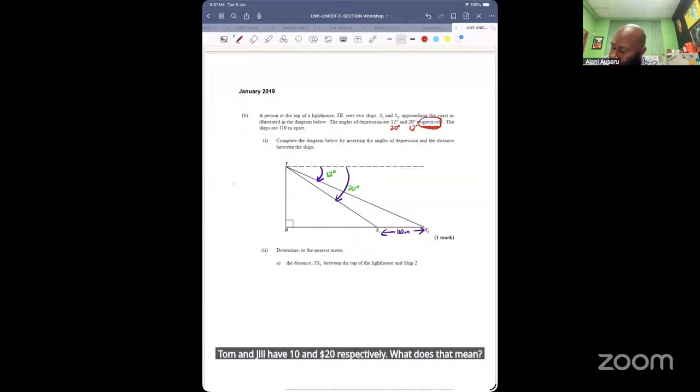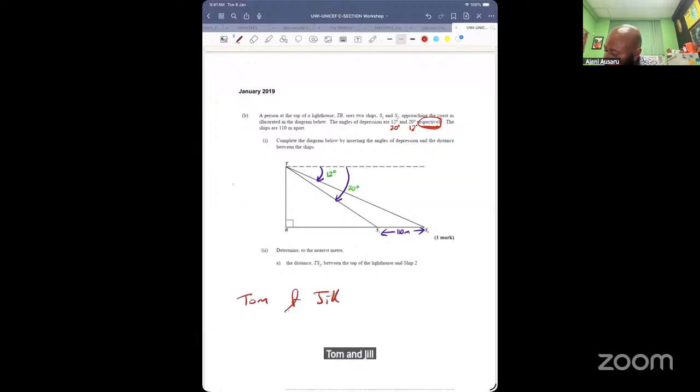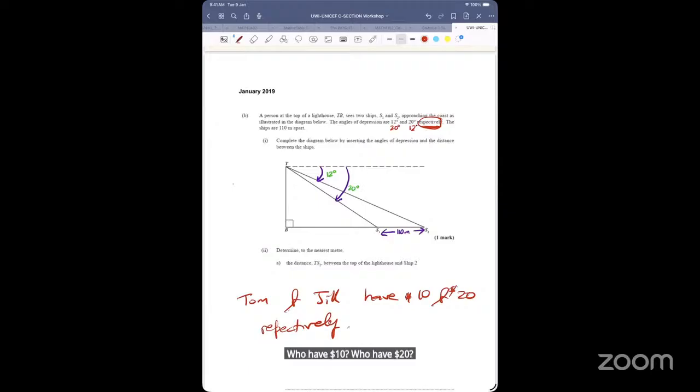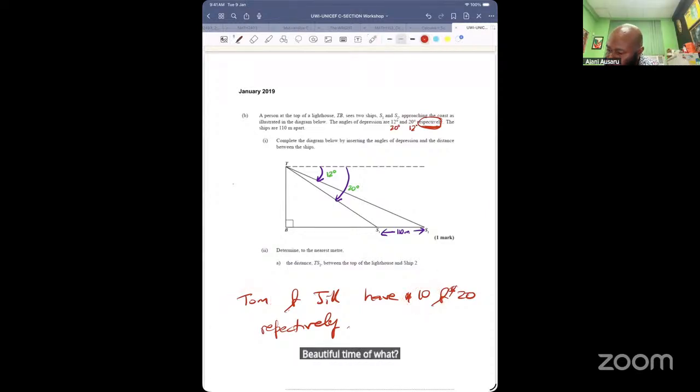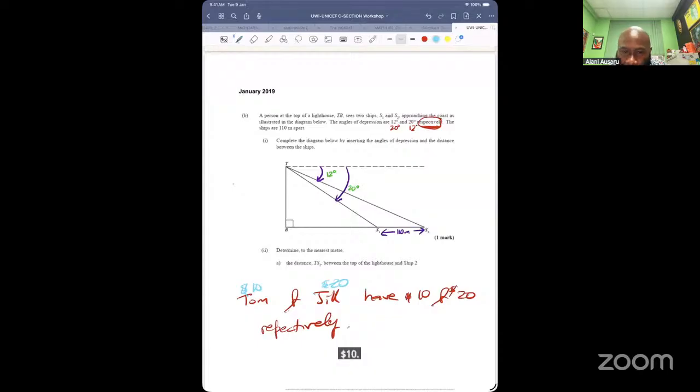Who has $10 and who has $20? Tom has $10 and Jill has $20. Beautiful. Tom has the $10 and Jill has the $20. That's what we mean by respectively.